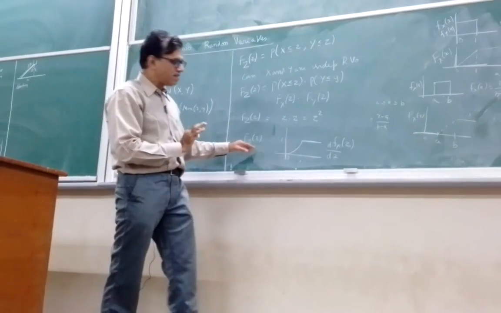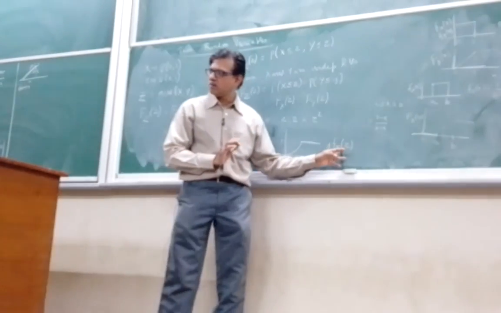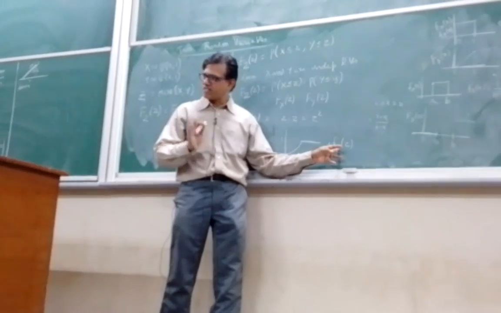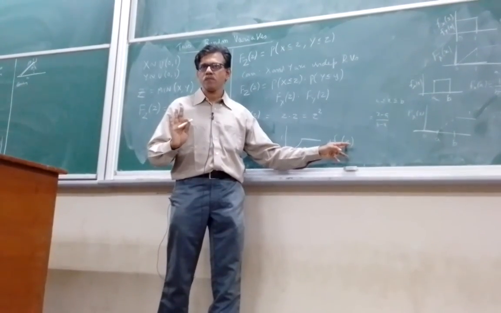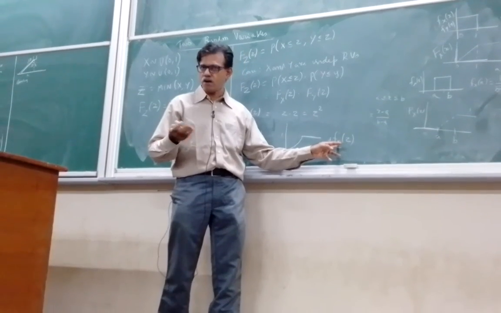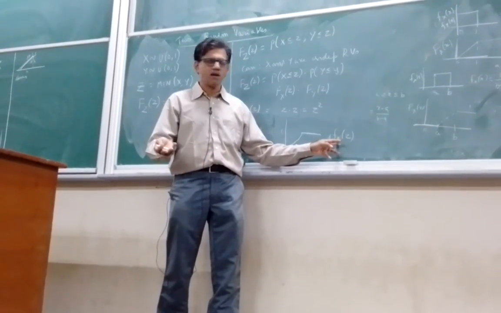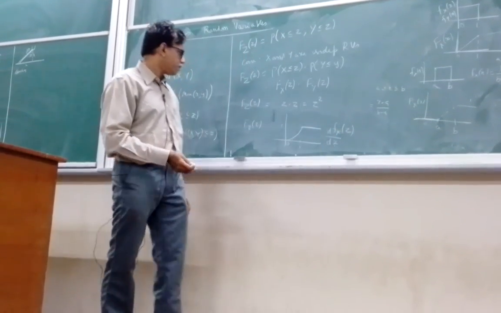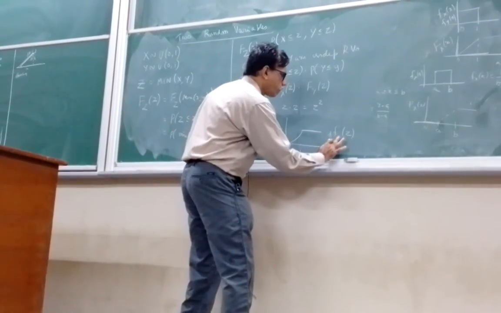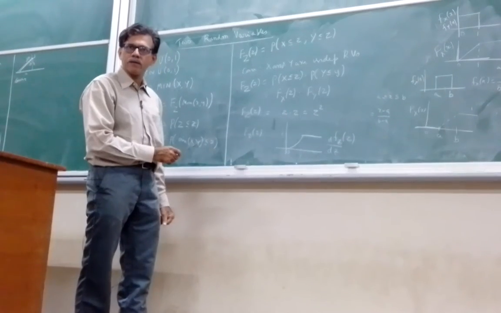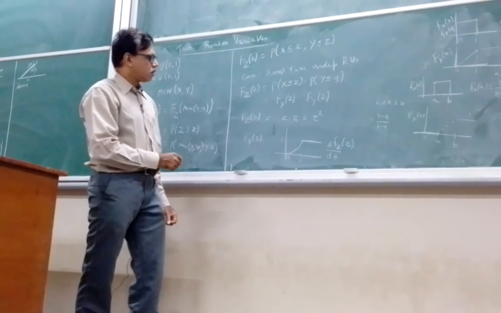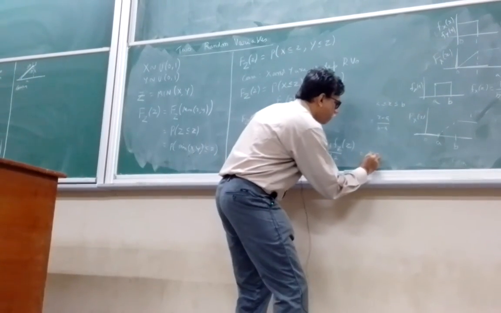So this is valid. Actually, what we are doing is, F_X is a function, but it is a function of z. The functional form is the density function of X, but we are evaluating it at z, which is z squared. So it will be just 2z.